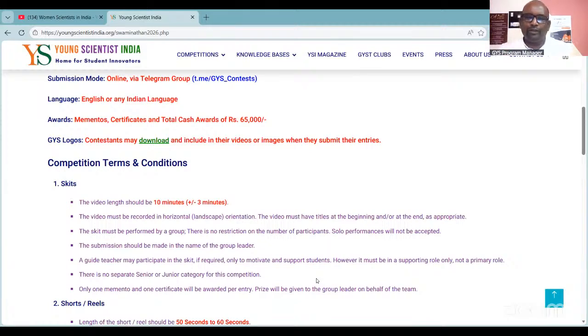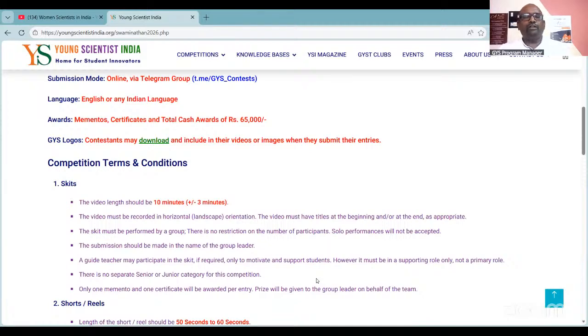For this, we are giving an opportunity that you can add your guide teacher also. She or he may be part of the team, but should not have the main role. But to support the team, you can include that guide teacher also, right? So that is the privilege to play the skit.